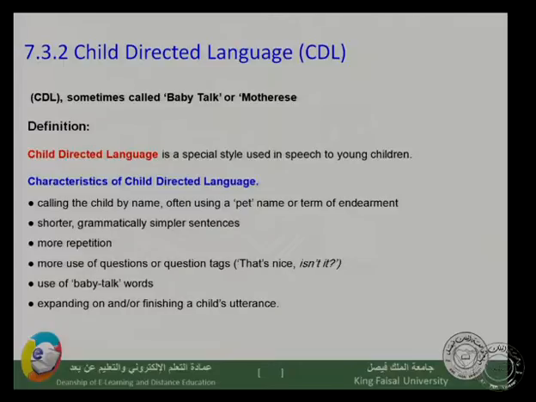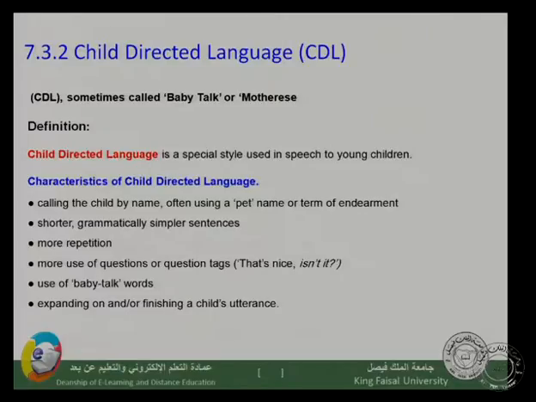Again, it is clear that there is more use of questions or question tags in child-directed language, where we always tend to ask the little child, okay, do you understand? Do you want this? Are you happy with that? So we have all these types of questions that we ask every now and then of the little child or the young child, so that they answer those questions.